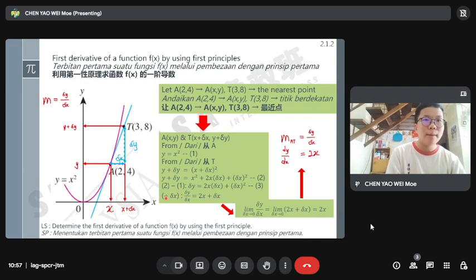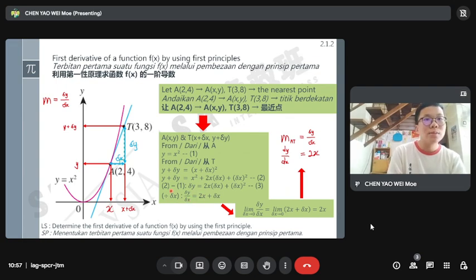Equation 2 minus 1, I will get delta y equals 2x delta x plus delta x squared. Remember, this is delta x squared. Delta is a number. It has the same characteristic as 2, but I just use another symbol to represent it.